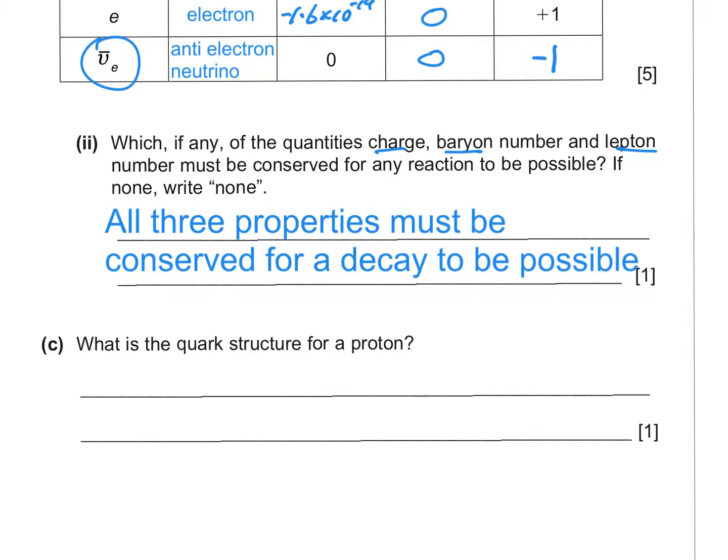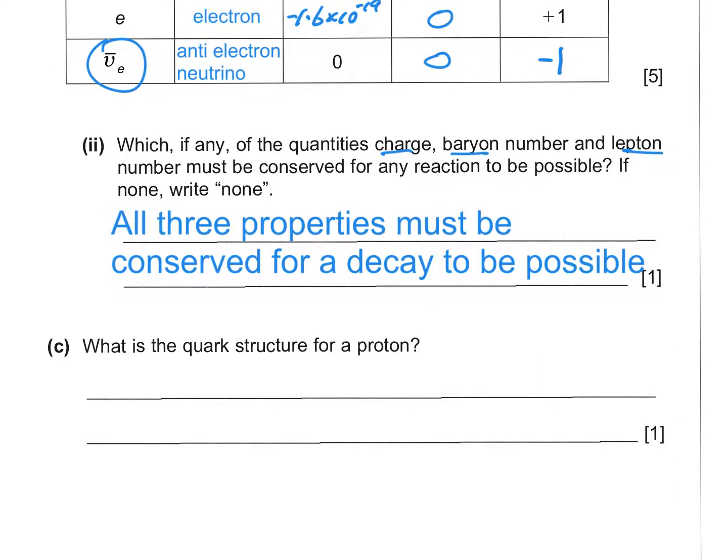Part C, what is the quark structure for a proton? Well, protons consist of ups and downs, and so do neutrons. One of them has 2 ups and a down, and one of them has 2 downs and an up. If you're going to do this from scratch, remember that the ups have a +2/3 charge and the downs have a -1/3 charge.